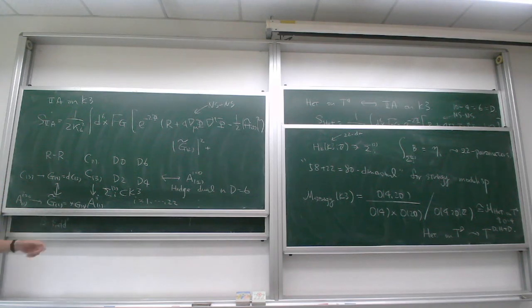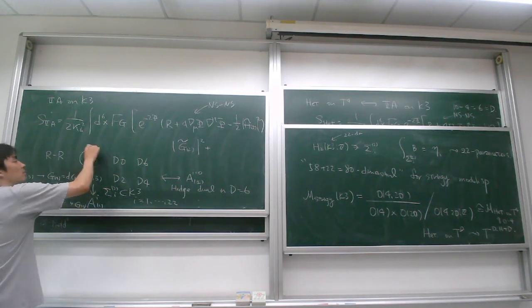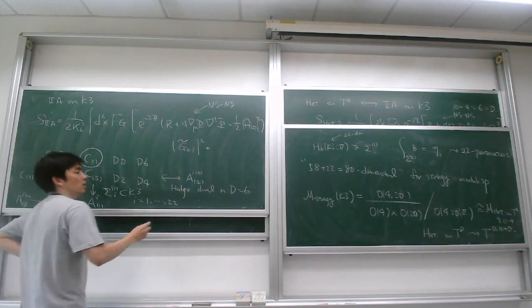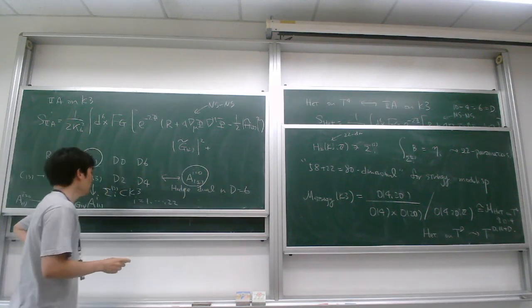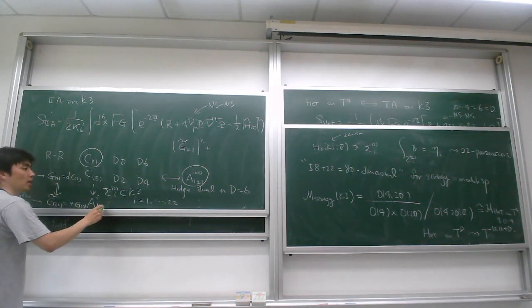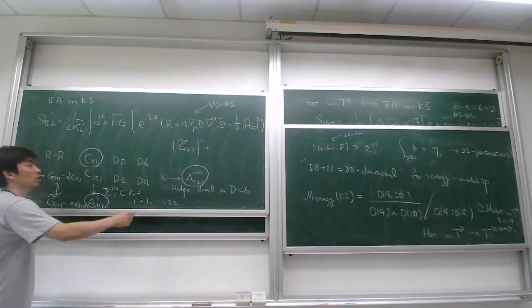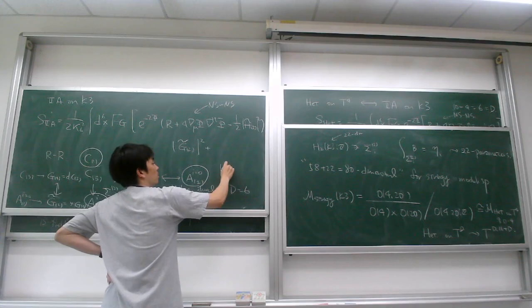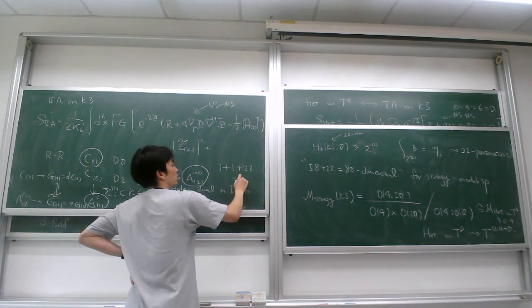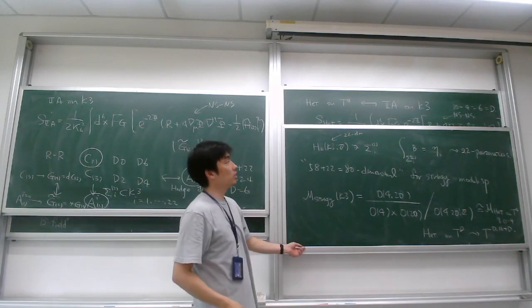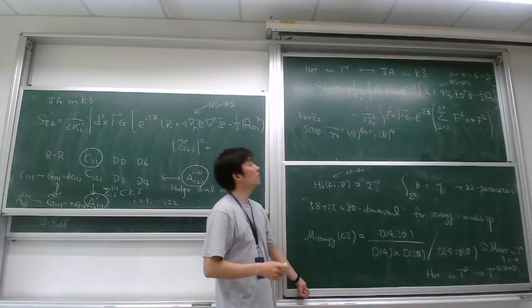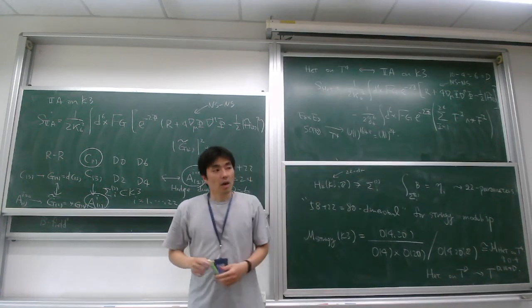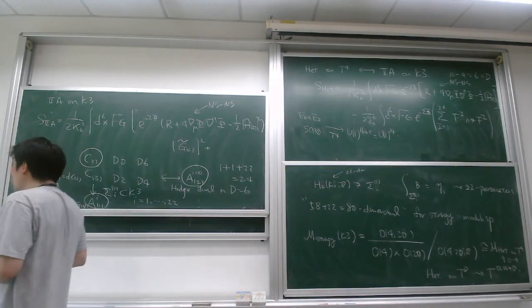So in total, you have the Ramond 1-form and the Hodge dual of C3, and the compactified forms of C3, 22 of them. In total, 1 plus 1 plus 22 is 24, which is the same as the rank of the gauge field in heterotic on T4.